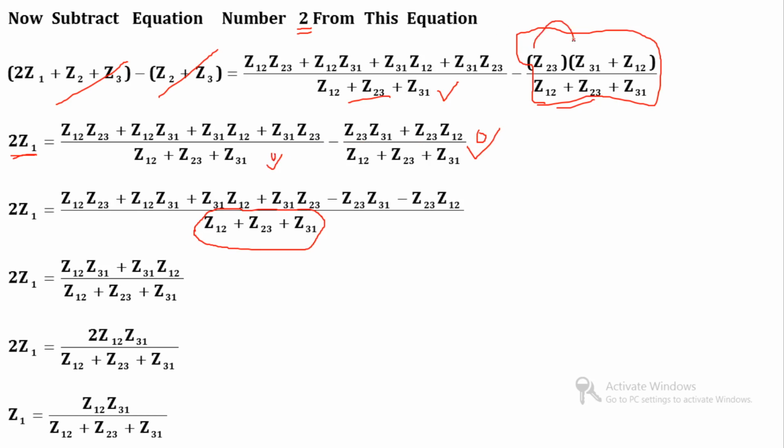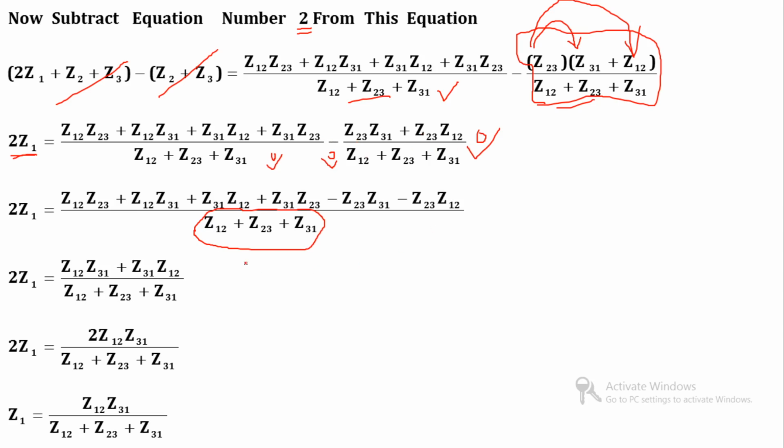We will multiply Z23 with Z31 and Z23 with Z12. So this will become Z23 into Z31 plus Z23 into Z12. Again the denominator will be common, so the numerators will be subtracted. So this is Z12 Z23, Z12 Z31, Z31 Z12, Z31 Z23, minus Z23 into Z31, minus Z23 into Z12.